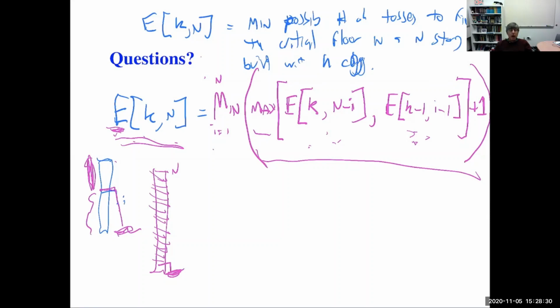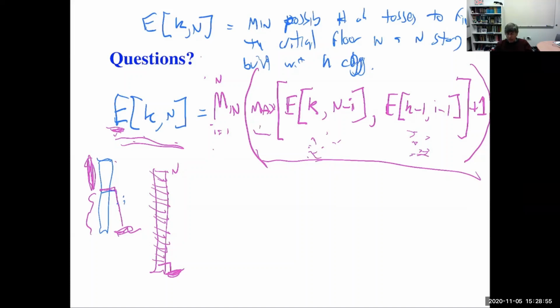The worst case time is going to be given by, there are two situations, and one of them is probably more expensive than the other. If the egg god was trying to make me work as hard as possible, they would always decide to either break or not break the egg based on which one of these sides was bigger.